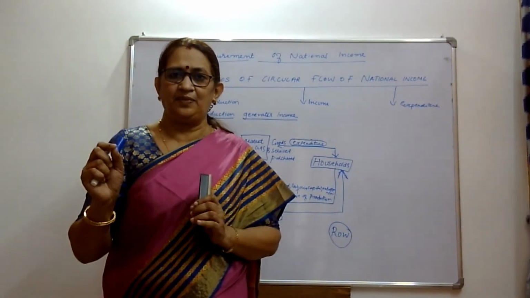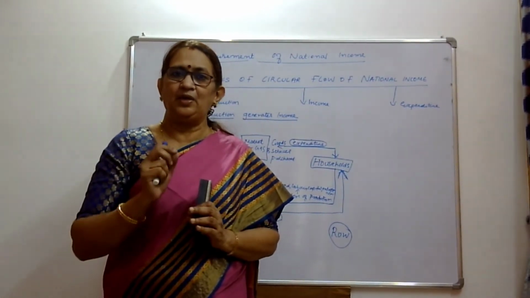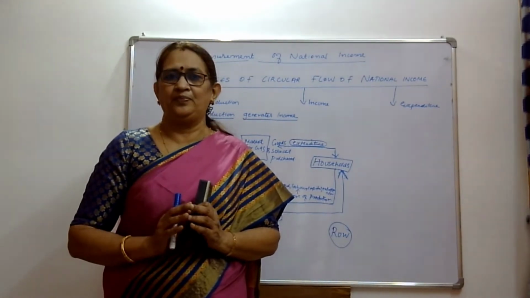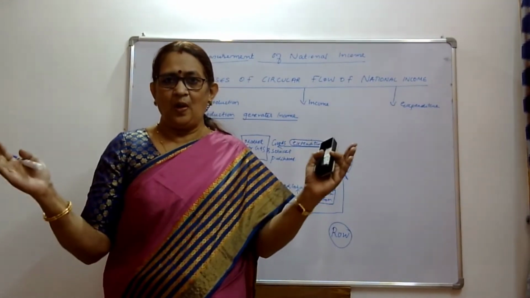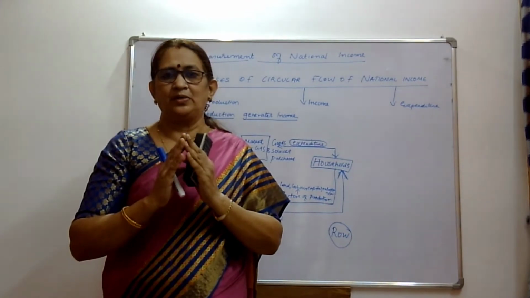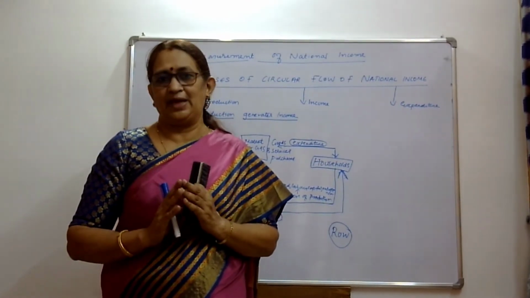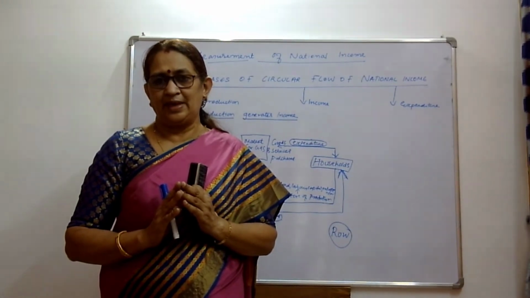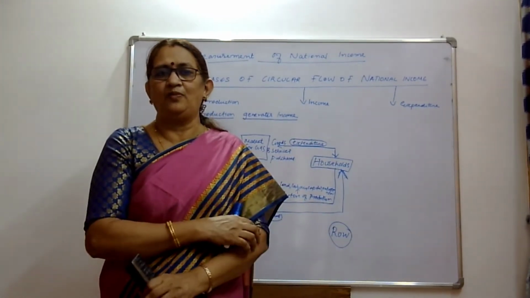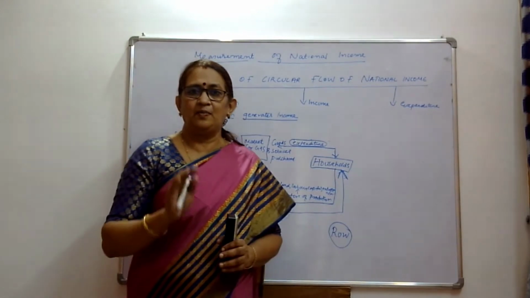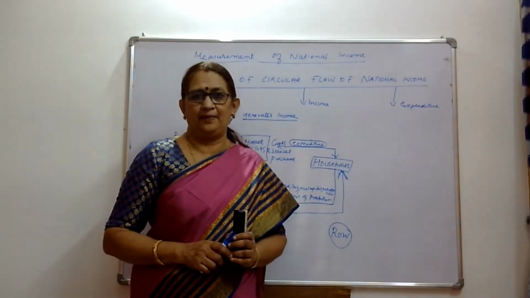So, every service produced, every good produced, has a value. So, all these are to be brought under a method to measure its value. That is, measuring the value of all the goods and services produced in the country in an accounting year.